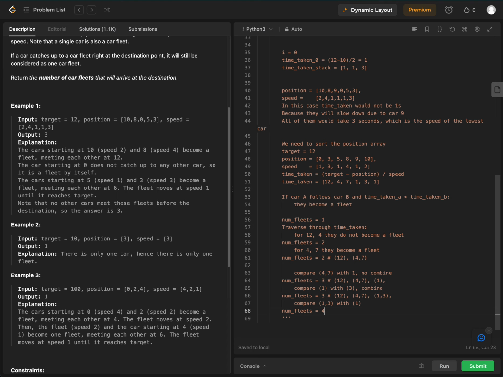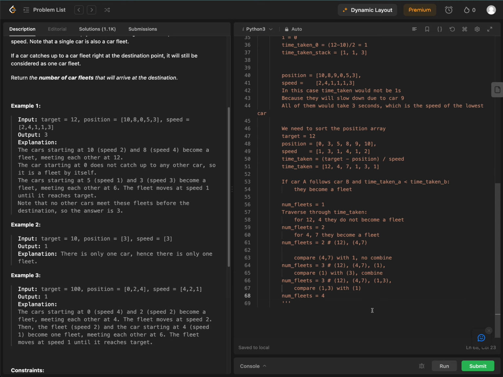But this answer is wrong. Why is this answer wrong? Because now we have 3 other subfleets, right? We have 3 other subfleets here. 1, 3 with 3, no combine.